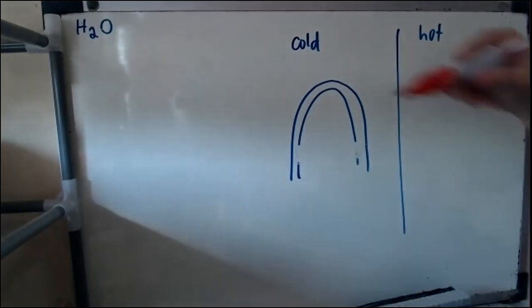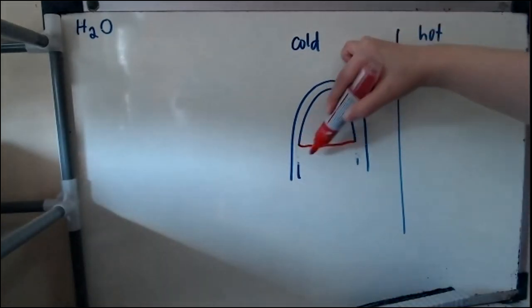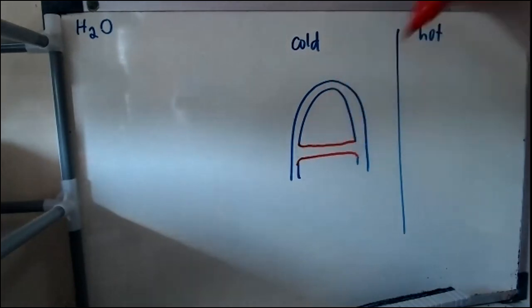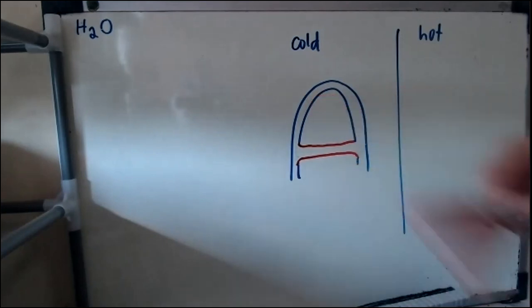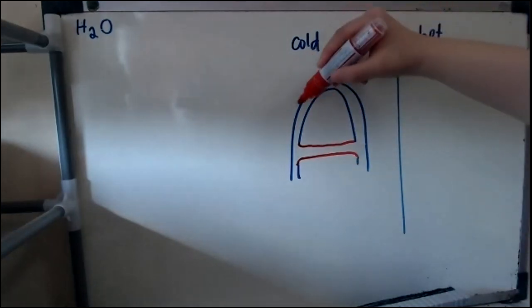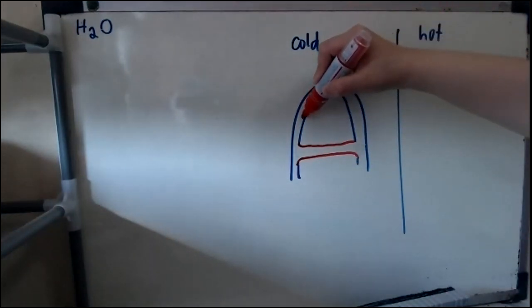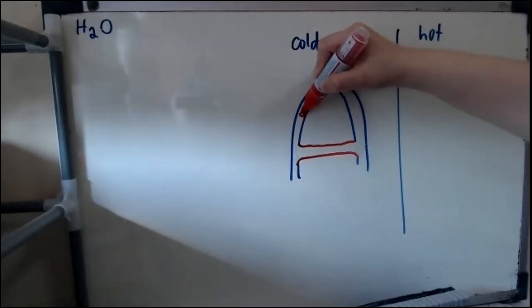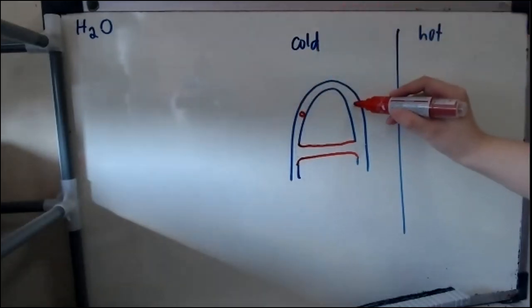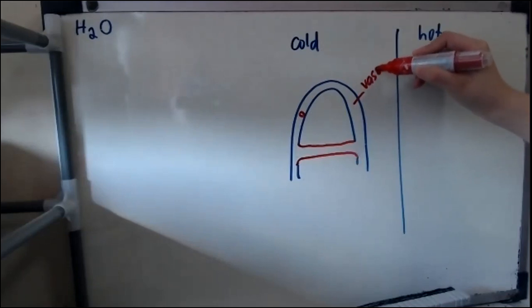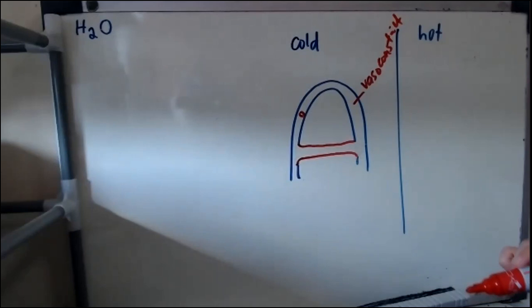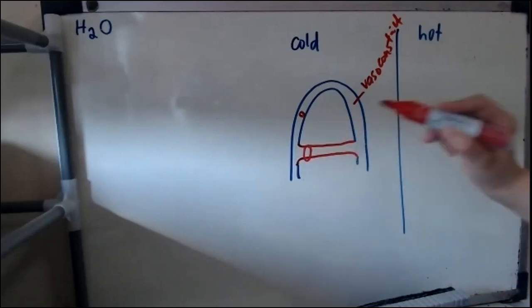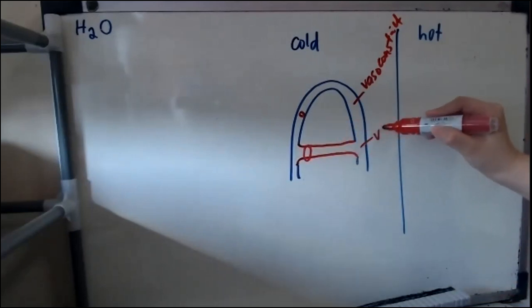It is like the shortcut. When you're cold, you want less blood to flow here, so this part will become smaller. This part will vasoconstrict, but this part, the shunt vessel, will vasodilate.